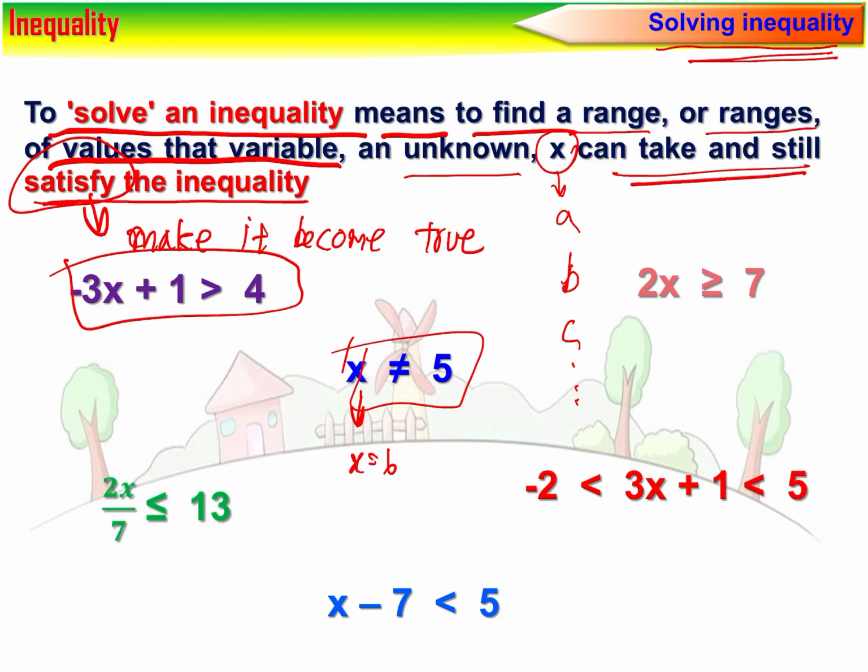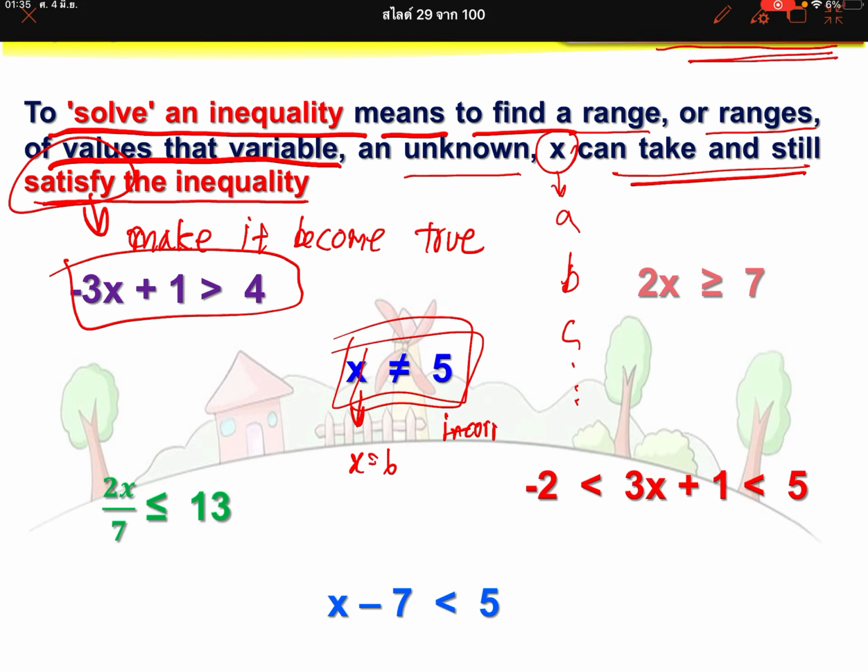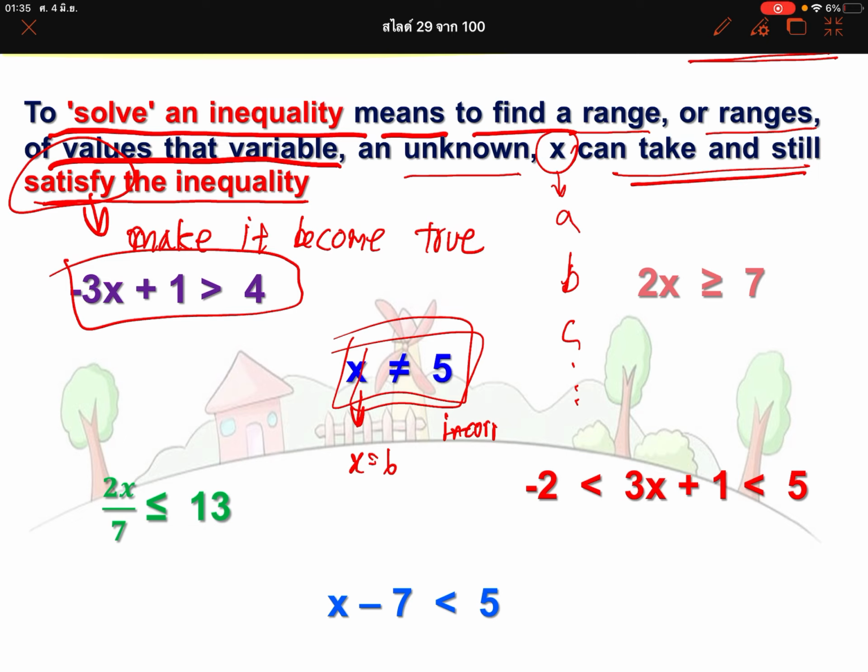If I say x equals 6 satisfies this inequality, is it correct? No, it is incorrect. Oh yes, 6 is correct. Sorry. I have to use the pen. It's easy. Just cut it out.